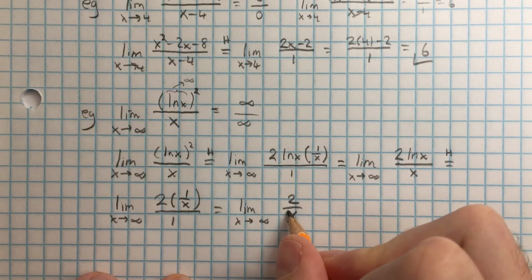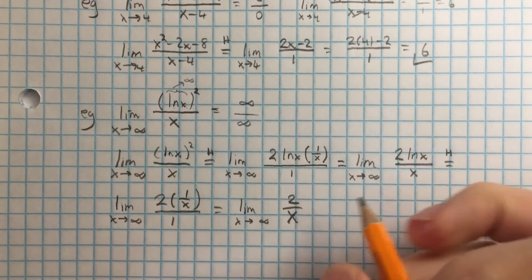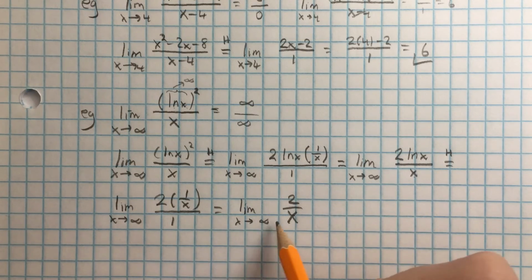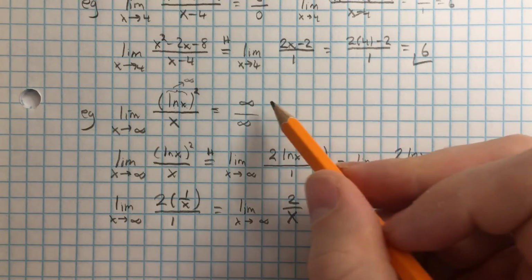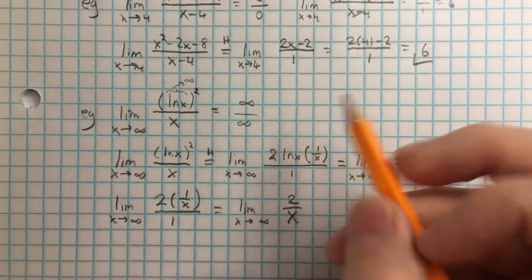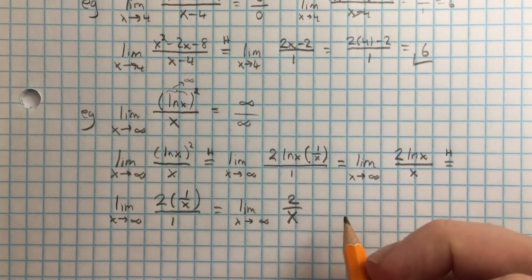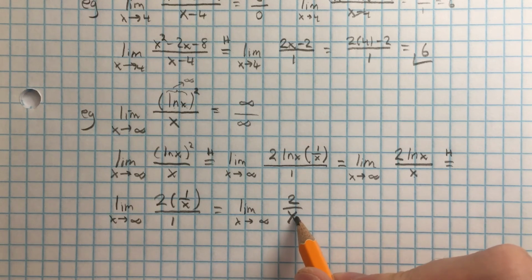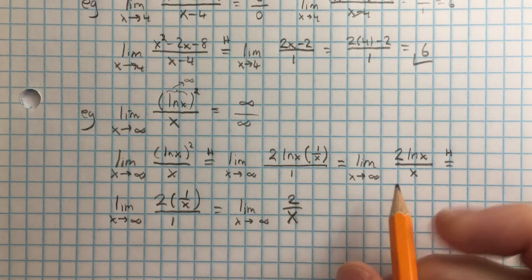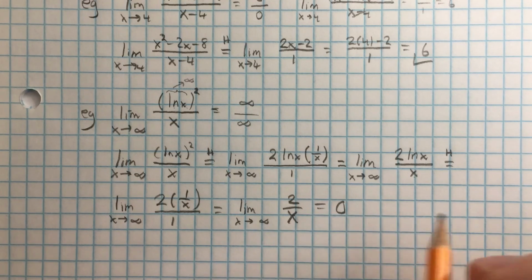Or you could take the 2 to the outside, doesn't matter, and write 1 on x in here. Either way, the only thing that's approaching infinity now is the bottom. So as soon as you remove the coupling of the two infinities, for sure you'll have a knowledge of what the limit is at that point. In this case, it's clearly 0. As the bottom grows without bound and the top stays fixed, you're heading towards the value of 0.